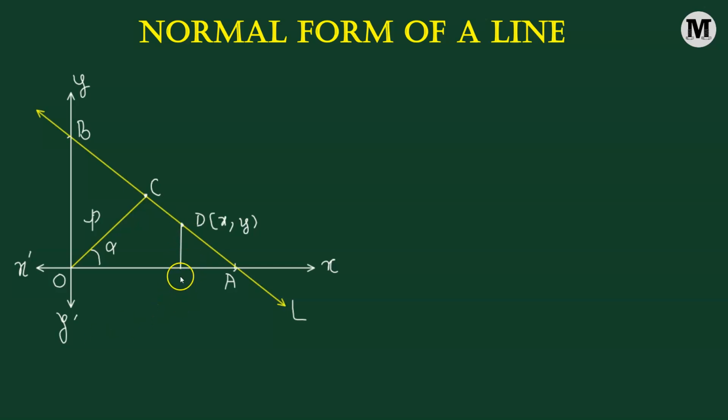Let us suppose that the perpendicular meets the x-axis at the point E. So the perpendicular DE is perpendicular to OA. Next, from this point E, we're going to draw another perpendicular on OC. Let's say the perpendicular meets OC at F.